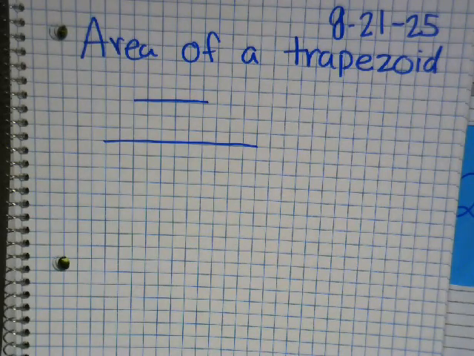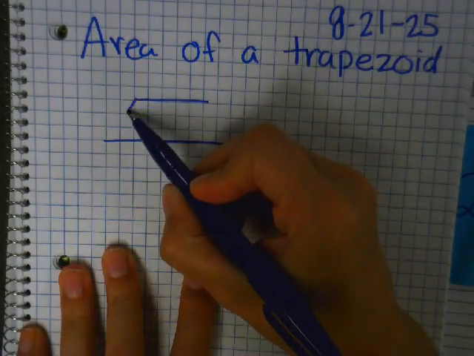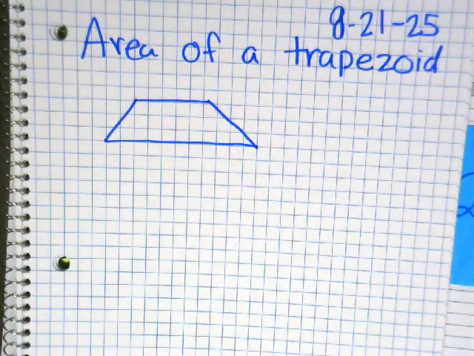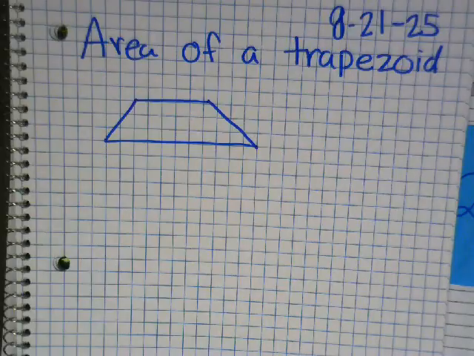They're 2 parallel sides, but they're not the same size. Then we connect on a diagonal, and that is what a trapezoid looks like. It has 4 sides. There's 2 sides that are parallel, but they're not equal. And then these 2 are not parallel because they'll cross. If I extend the line, they end up crossing.